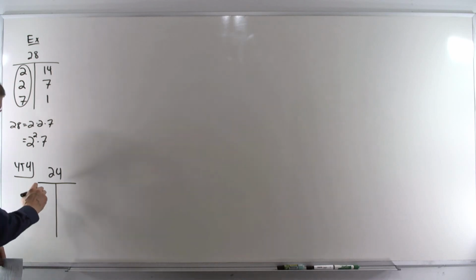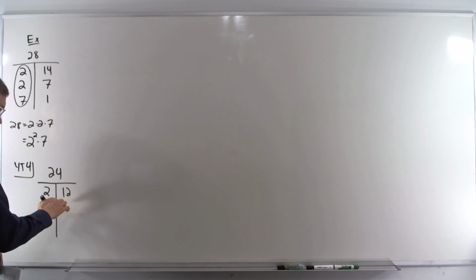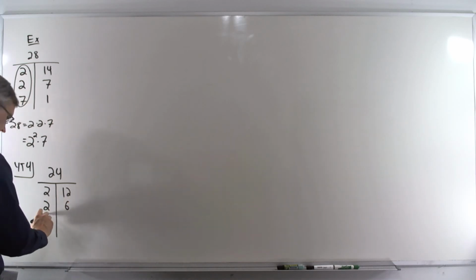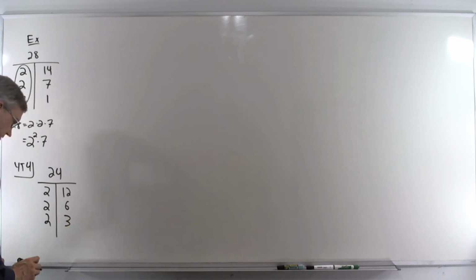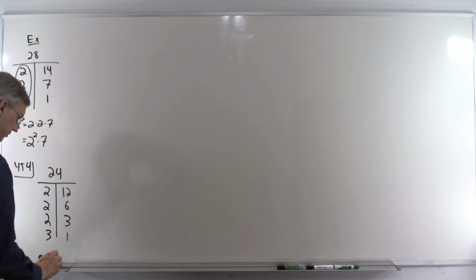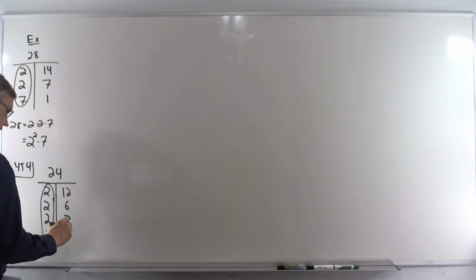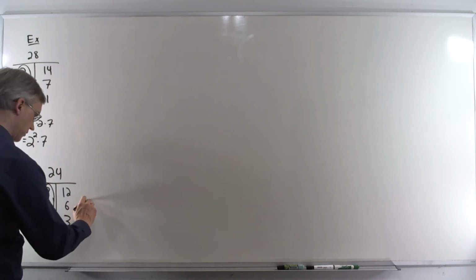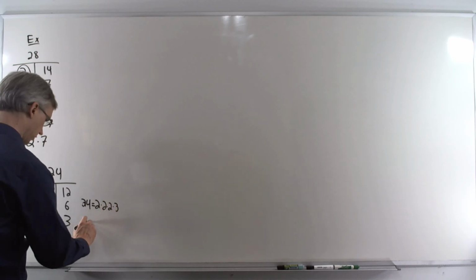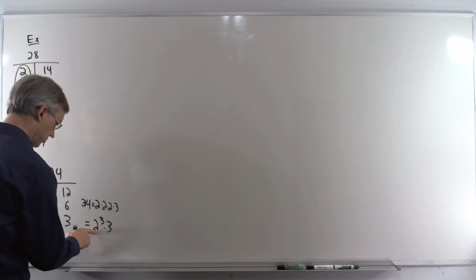So 24 is even, so I'm going to divide by 2 to get 12. 12 is even, so I'll divide that by 2 to get 6. 6 is even, so I'll divide that by 2 to get 3. And 3 is prime, so I'll divide by 3 to get 1, and there's the list. So 24 is 2 times 2 times 2 times 3, which is 2 to the third times 3.